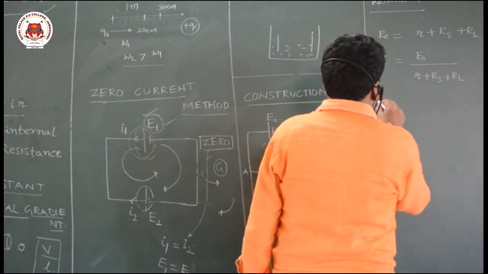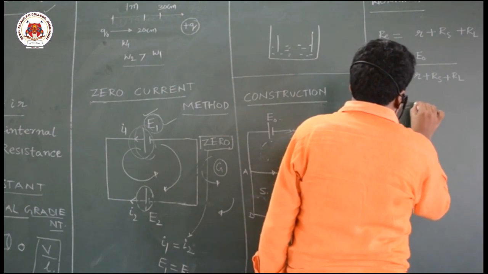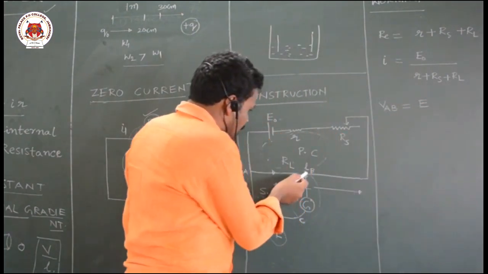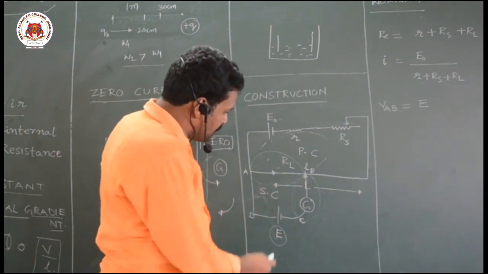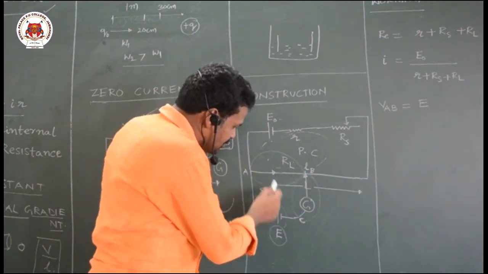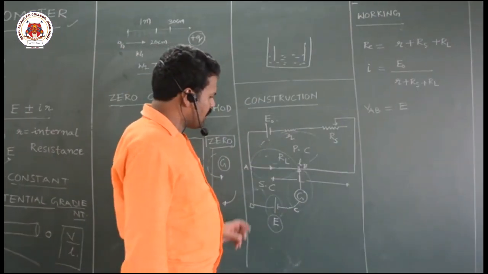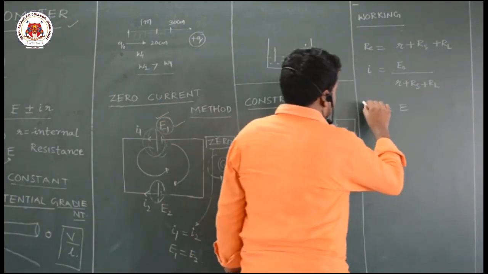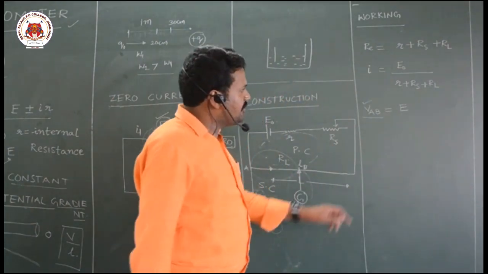What we learnt just now is potential across AB is equal to EMF of the cell. That is very clear. What potential difference is there across A to B, that is equal to EMF of the cell. Now if I can find potential difference across the wire length AB, then I can get EMF across the cell.